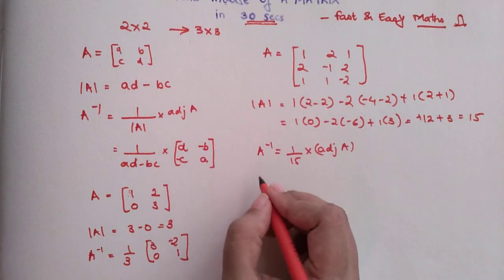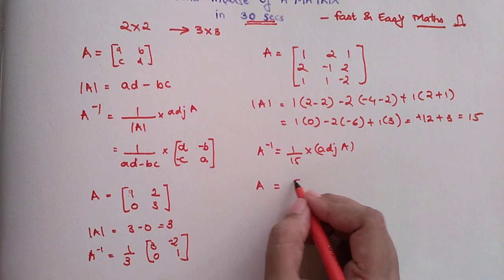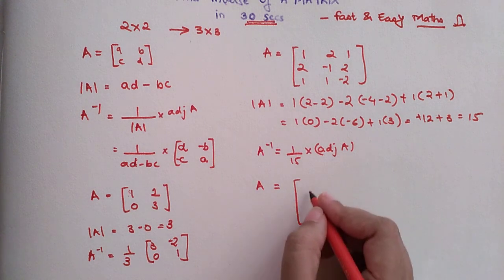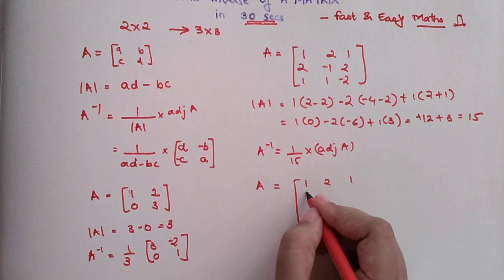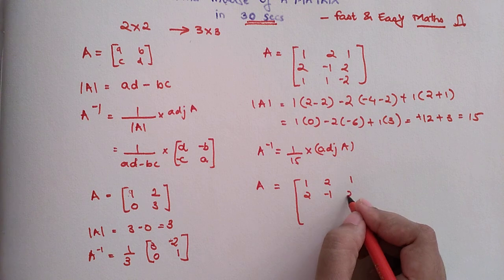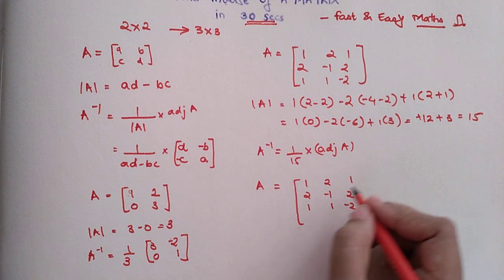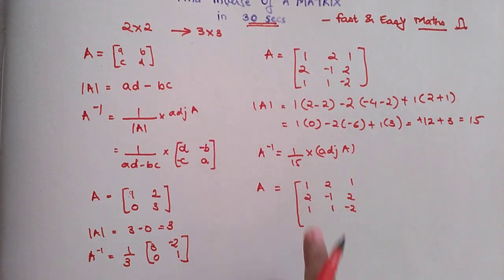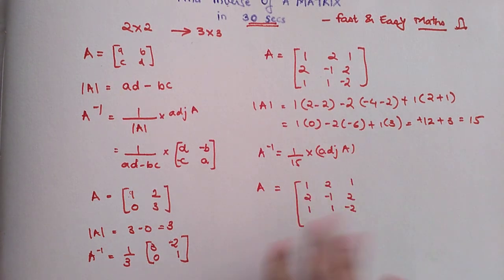Sorry, so here A, we'll write the matrix first as it is: 1 2 1, 2 minus 1 2, 1 1 minus 2. And now, as you all know, the vertical lines are the columns and the horizontal lines are the rows.